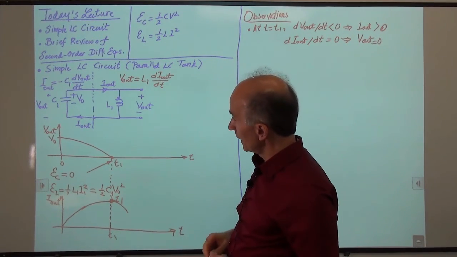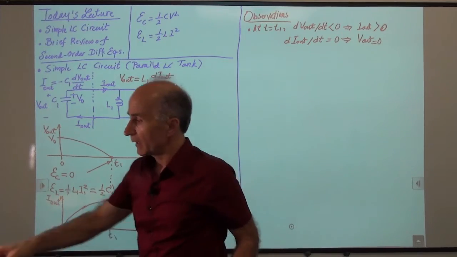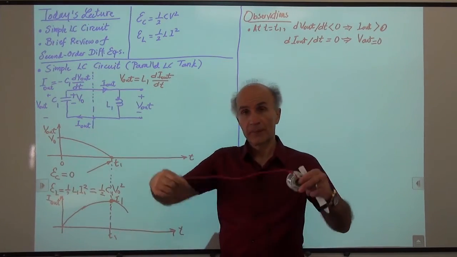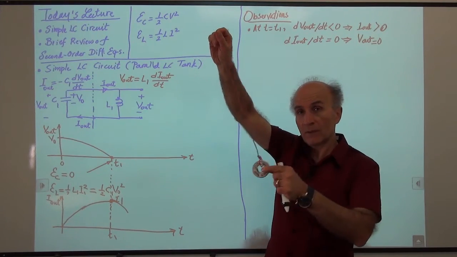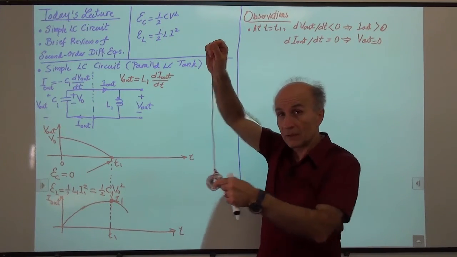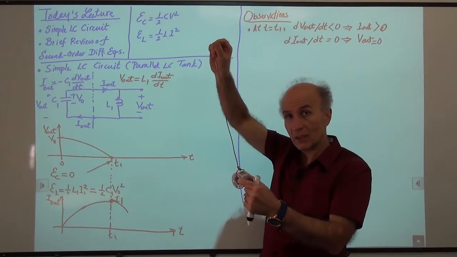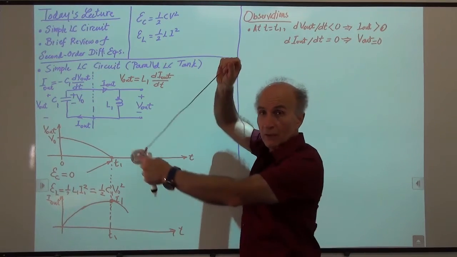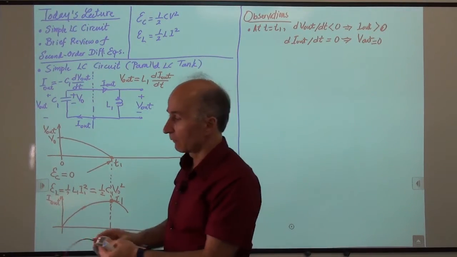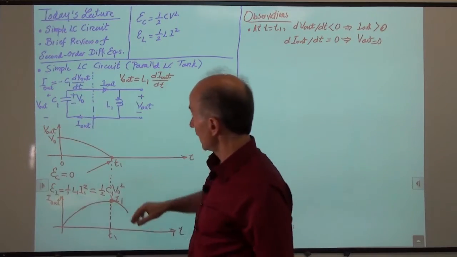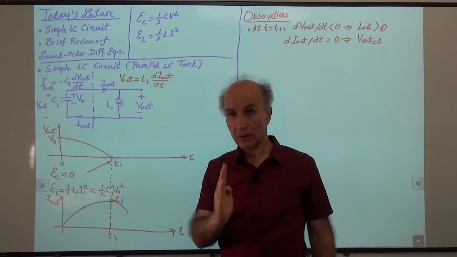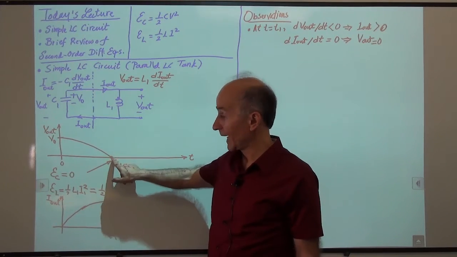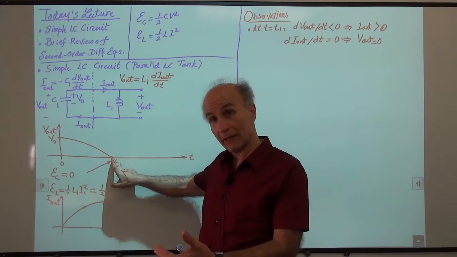Okay, so now just the way with the pendulum, we saw that we started from here, and when it got to this vertical position, it didn't stop. It continued because it had kinetic energy, and the kinetic energy wanted to convert to potential energy. The voltage that we measure here comes down to 0. You can think of this as sort of the vertical position of the pendulum, but it has energy in the magnetic field.